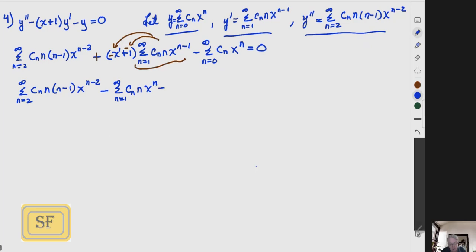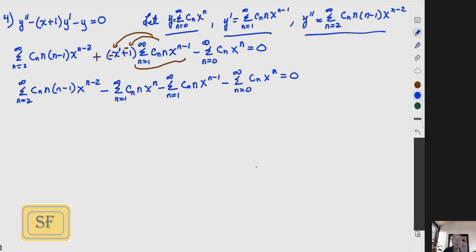And when I multiply by negative 1, I'll just have minus the sum as n goes from 1 to infinity, c sub n x to the n minus 1. Then I'll copy down that third term, the sum as n goes from 0 to infinity, c sub n x to the n, equals 0. So we brought our x's inside the summation. That was that second summation.